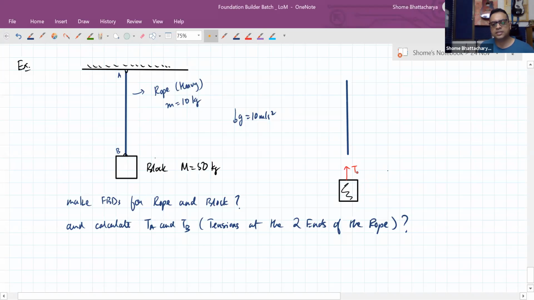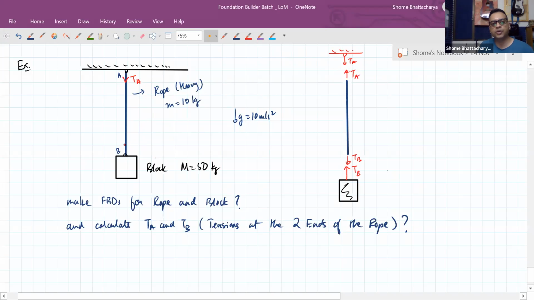So this is only the tension at the end point B. Okay. And on the hook, whatever force is acting, that is only the tension at the end point A. So the hook is experiencing a downward force. Okay, so that's why we show the forces like this.